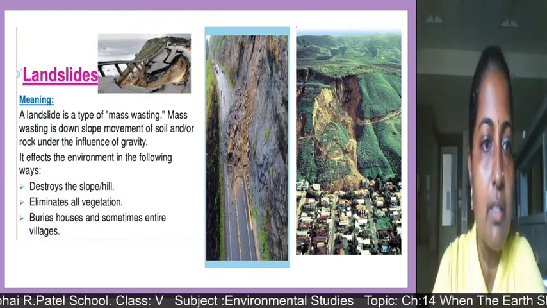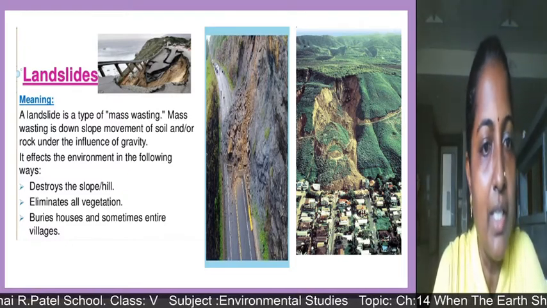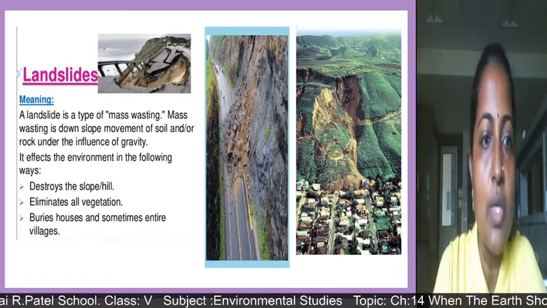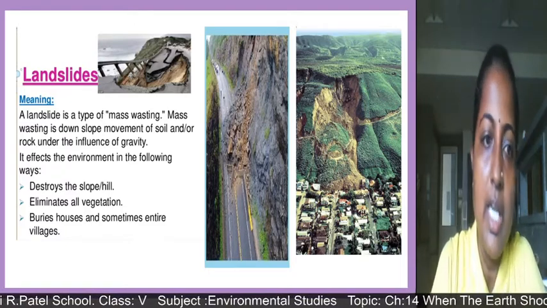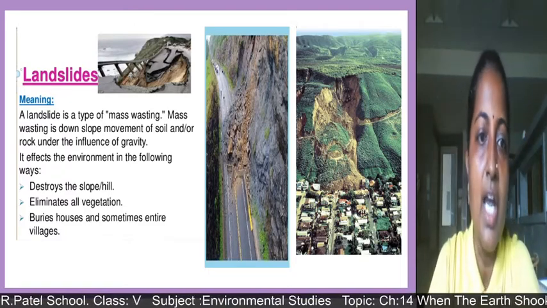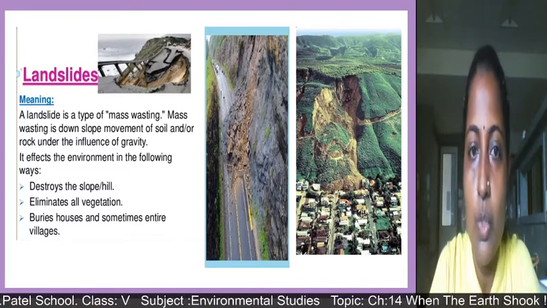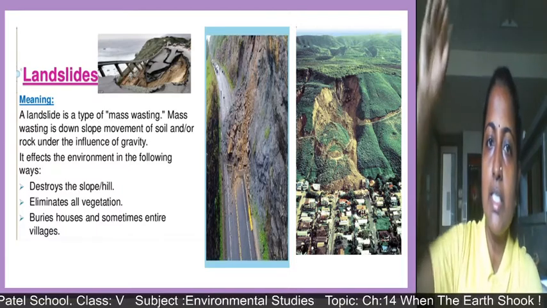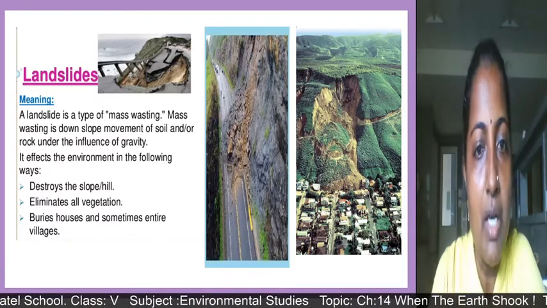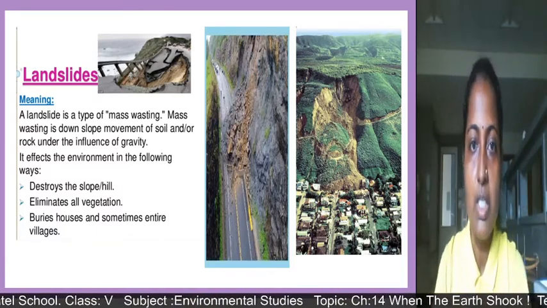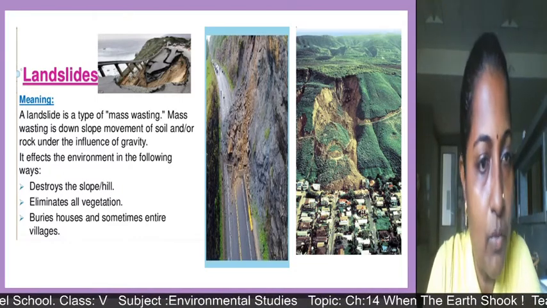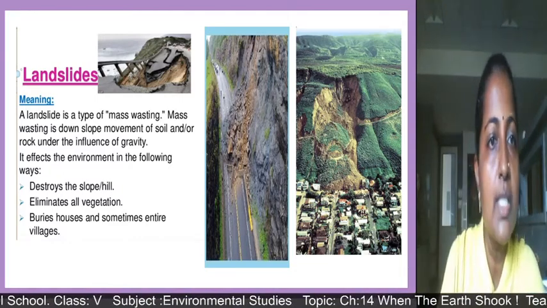It affects the environment in the following ways: it destroys the slope or hill, eliminates all vegetation, and buries houses and sometimes entire villages. As you can see in the picture, it comes down very fast in very large volume, so it can cause damage to life also. So this is about a landslide.